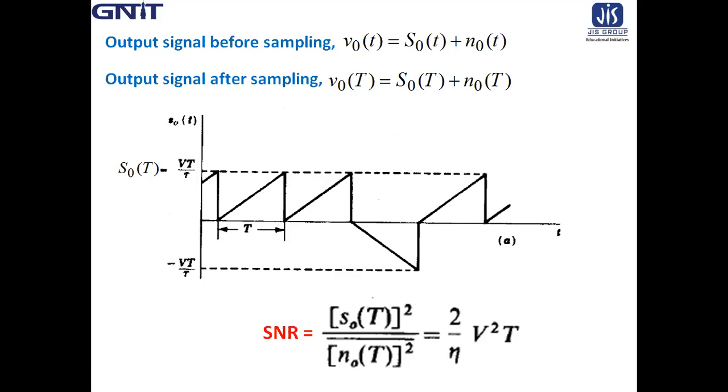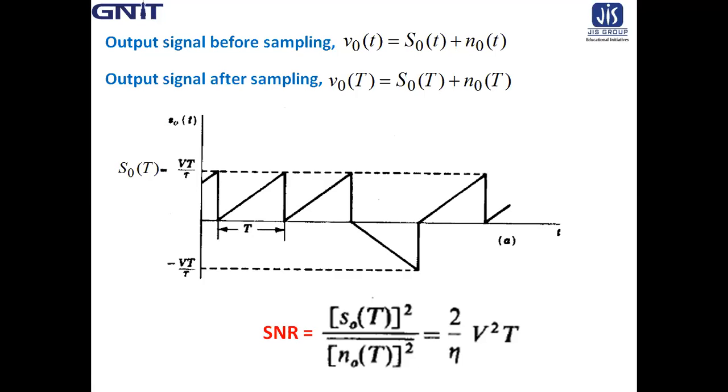And s0(t), the output signal, is basically a ramp signal. At the end of each bit interval, the ramp attains the voltage s0(T), which is basically plus VT by tau or minus VT by tau, depending on whether the bit is 1 or 0.